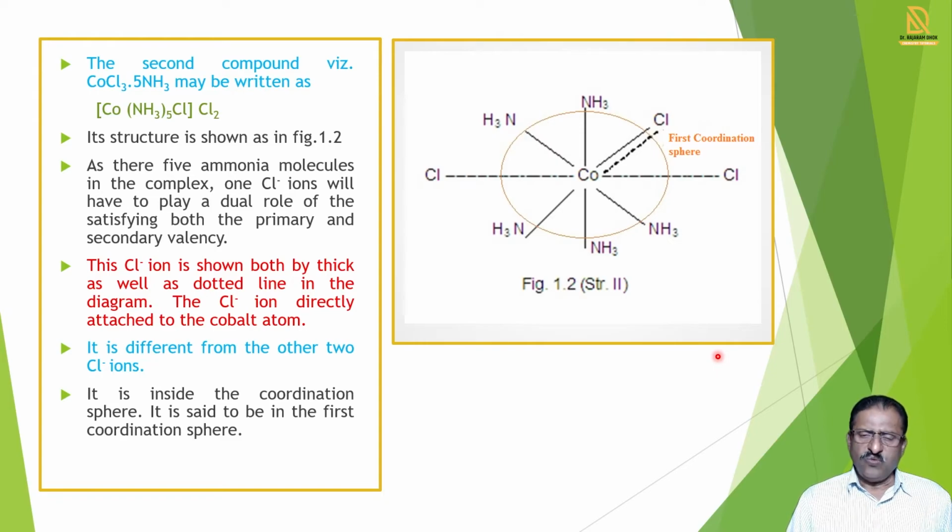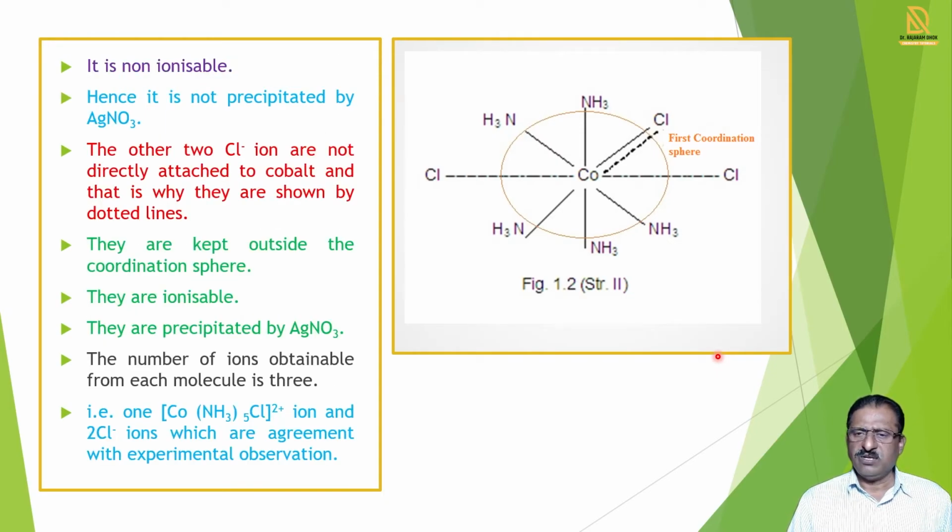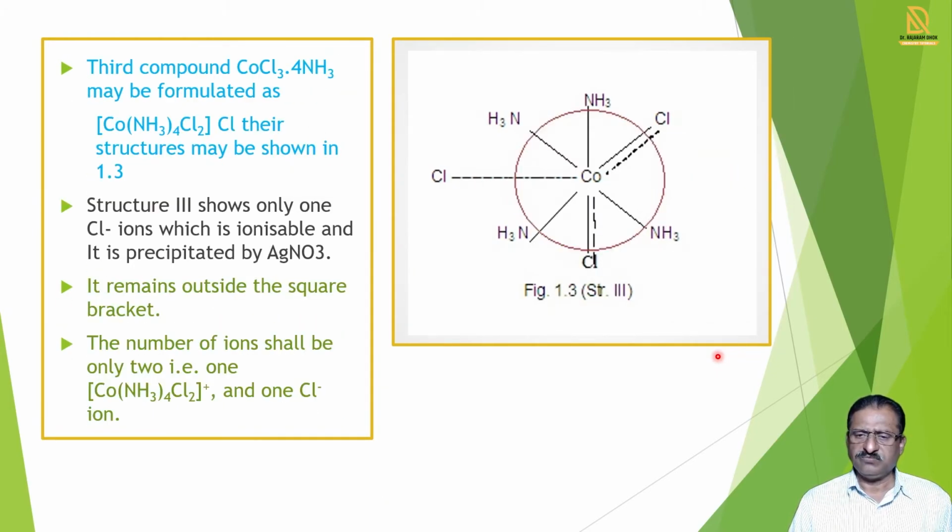Now we take the next example. Here cobalt is attached with 4NH3 and 2 Cl in the first coordination sphere, and in the second coordination sphere 1 Cl is present.